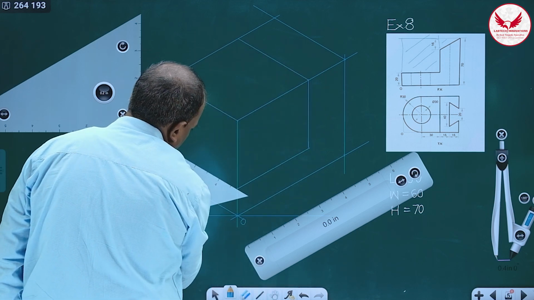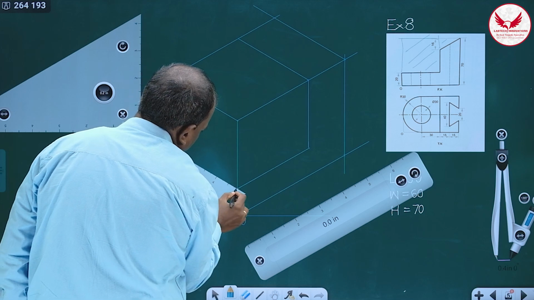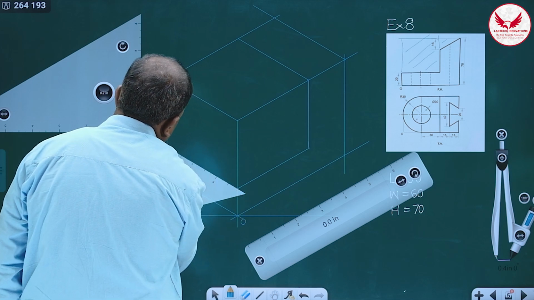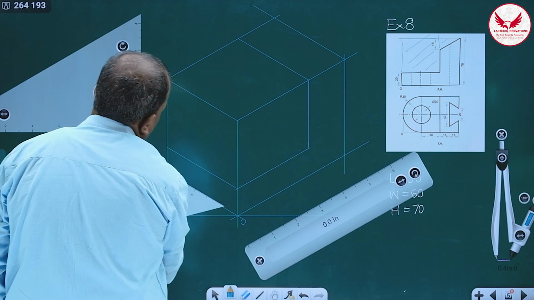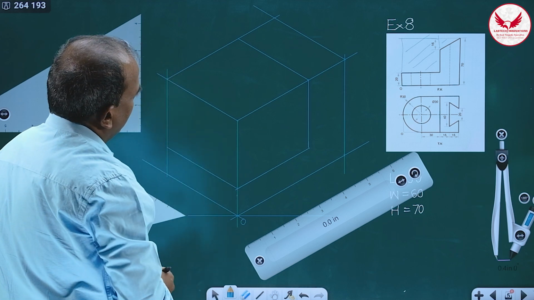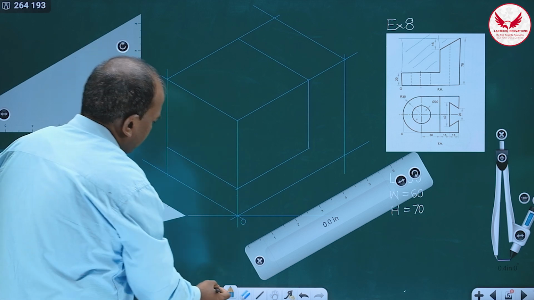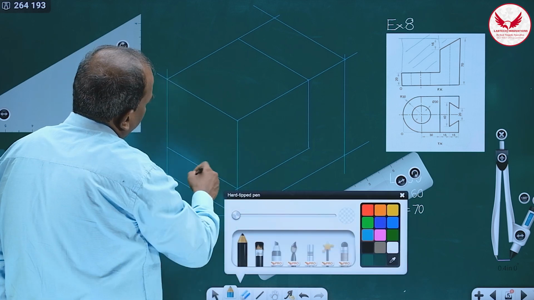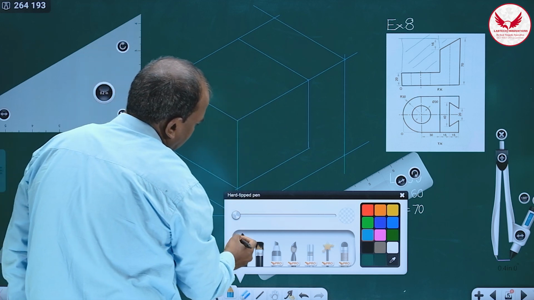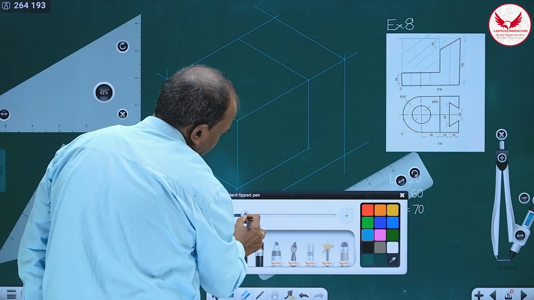Similarly, from this also we have to cut this, and whenever there is a rectangular cut, what happens? We'll be removing almost 5 lines. How can we remove these 5 lines?